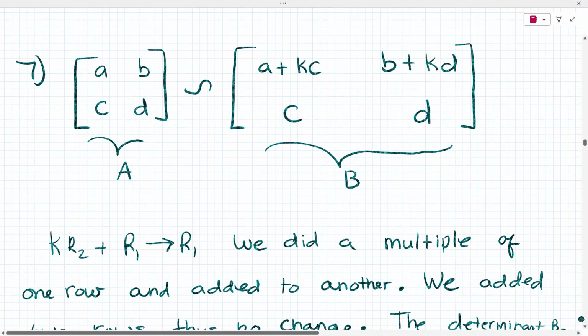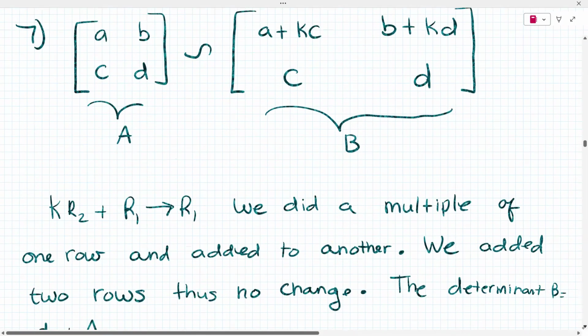If you look at the first row, it looks like you multiplied by a scalar K and added row one, because row one is C. So we did a row operation for row one: K times row two, a scalar times row two, plus row one, and that gives you row one.